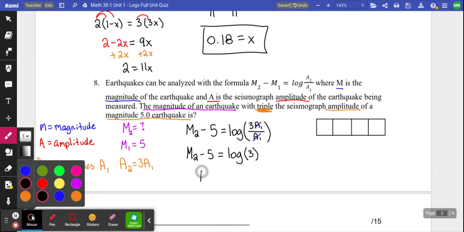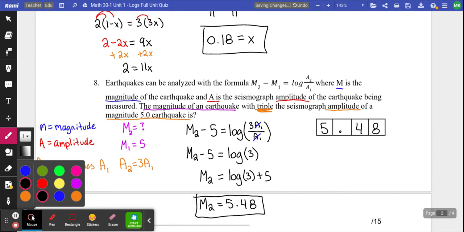If you want to solve for M2, you add 5 to the other side, and you put that in your calculator. So log 3 plus 5, M2 is 5.48. That would be the magnitude of the second earthquake.